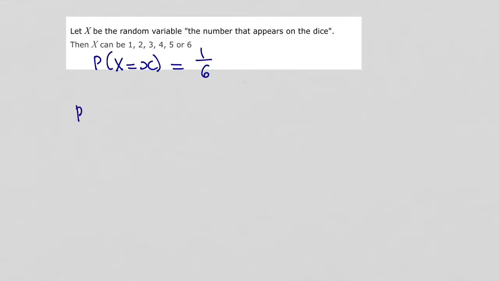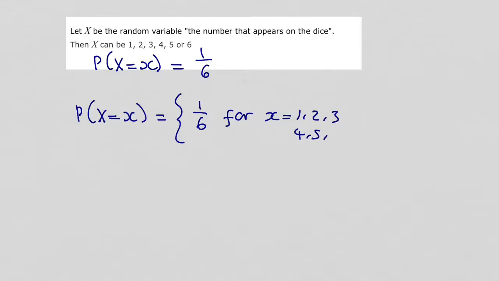I could write it as a kind of function. They're sometimes called piecewise functions. So the probability is a sixth for x equals 1, 2, 3, 4, 5, 6. And then you'd have a little situation here where you're saying naught otherwise.